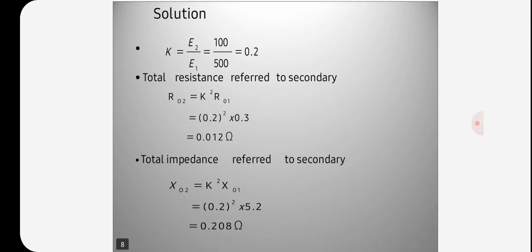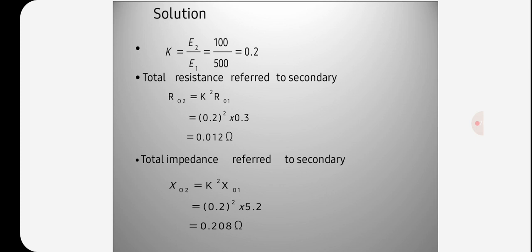With the required data we can find out V2. Here K is equal to E2 by E1, the transformation ratio, that is 100 by 500, so that will be 0.2. Total resistance referred to secondary R02 is equal to K square R01, that is 0.2 square into 0.3, which is equal to 0.012 ohm.